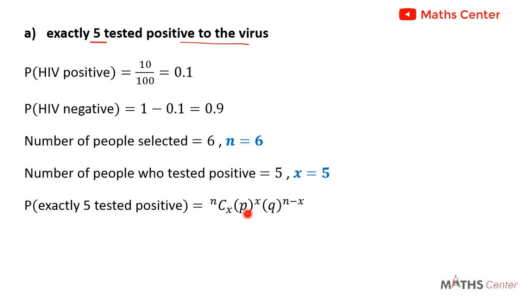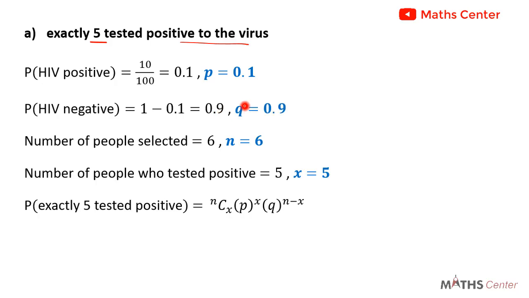P is the probability of success. Here, we are looking for the probability that exactly 5 tested positive to the virus. So testing positive will be success here. And so the probability of success will be the probability of the person testing positive, which is 0.1. So P will be equal to 0.1. And then obviously the probability of failure will be the probability that the person tested negative, which is 0.9.